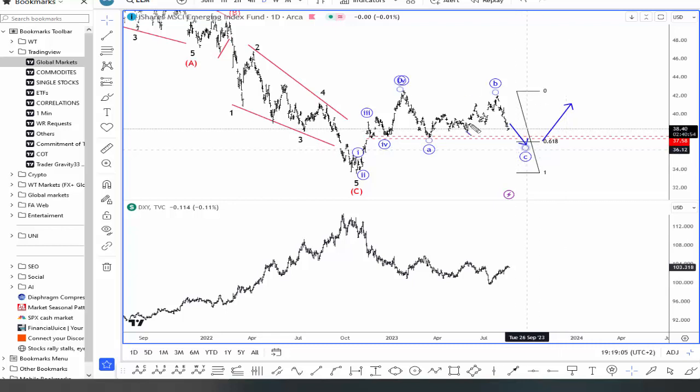So when I'm trying to do this combination with the emerging markets and dollar index, you can clearly see that possibly we are here in a flat correction on the dollar index. So I think that this rise to the upside on the dollar index could be temporary, but still it has room left towards the 105, 106 resistance, from where I would be looking for the next very strong move to the downside. At the same time, obviously, I would be looking for emerging markets to stabilize at this area.